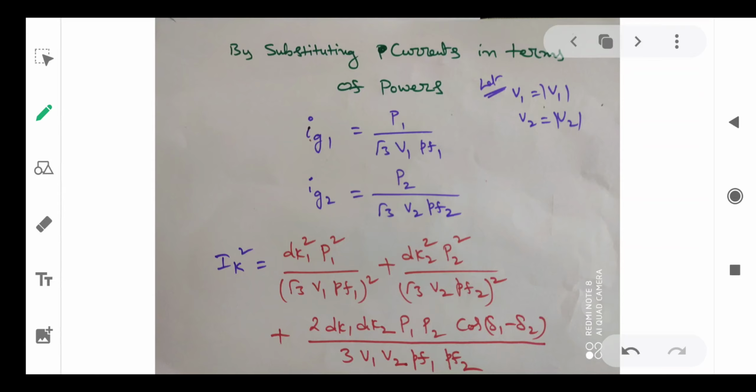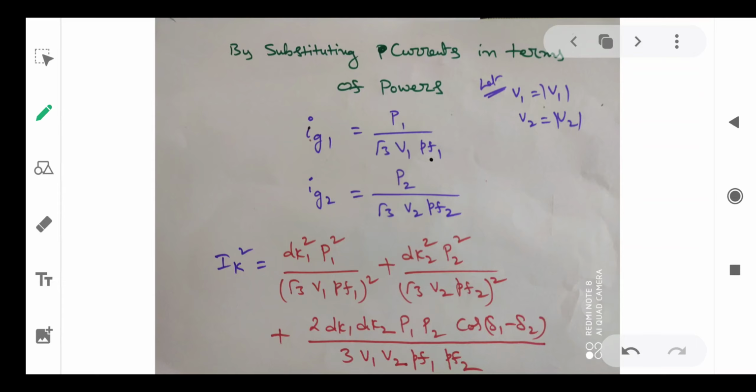By substituting the currents in terms of power, let us take V1 is equal to mod V1, V2 is equal to mod V2. Instead of mods, for simplicity I am using only V1 and V2, so V1 and V2 are the magnitudes only. Ig1 is equal to P1 by root 3 V1 power factor PF1, cos phi 1 or PF1.